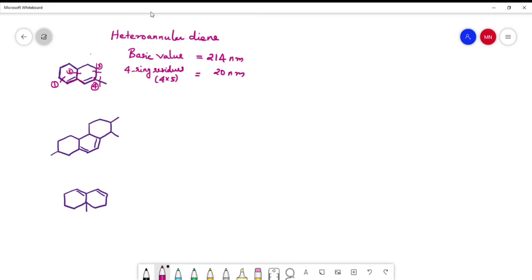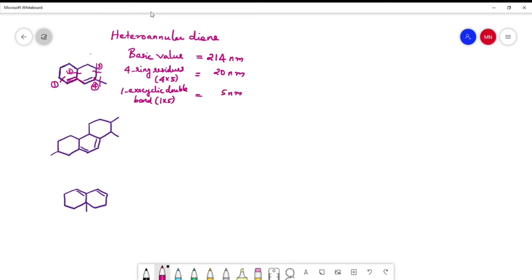Now you have to look into the exocyclic double bonds. Over here, this double bond is endocyclic within the ring, and this double bond is exocyclic to the second ring system. So there is only one exocyclic double bond, for which the contribution will be 1 into 5 equals 5 nanometer.